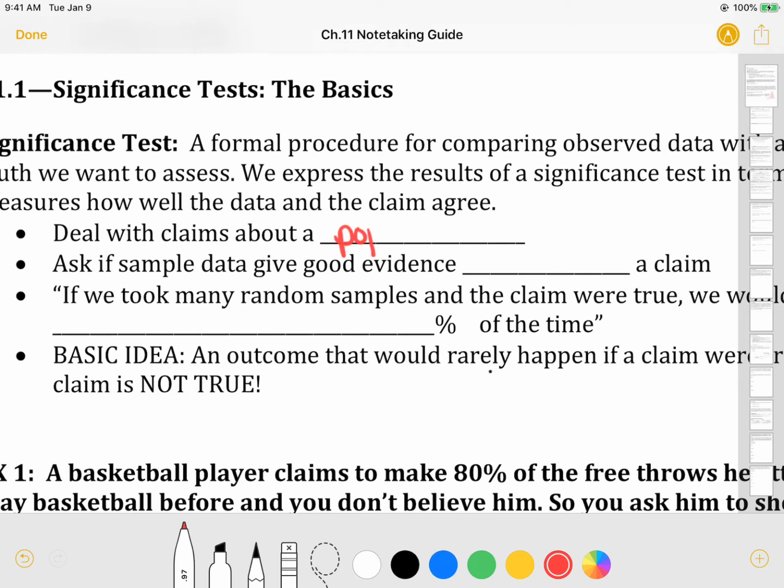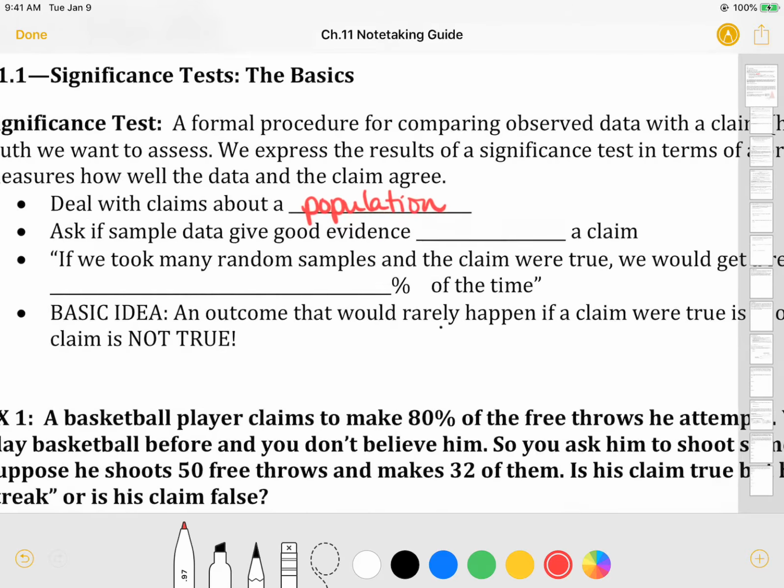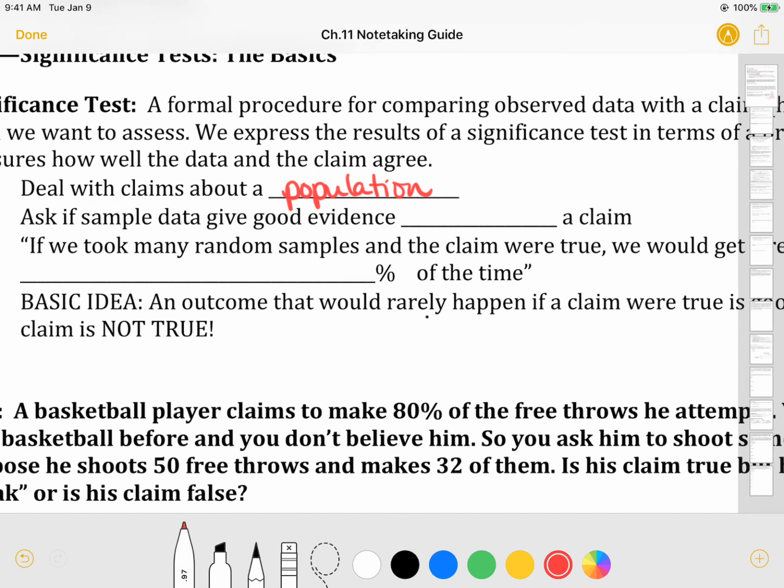A significance test always deals with a claim about a population. And a significance test asks if sample data give good evidence against a claim. Okay?